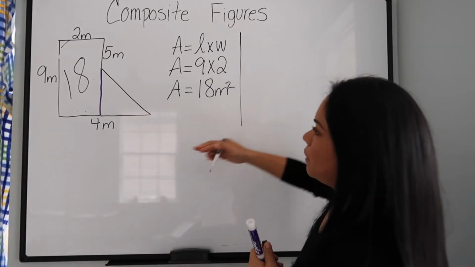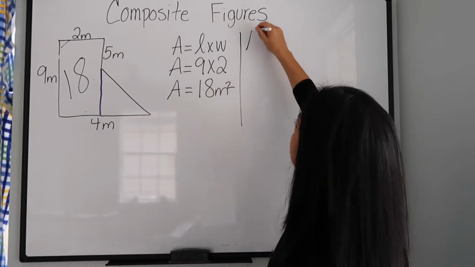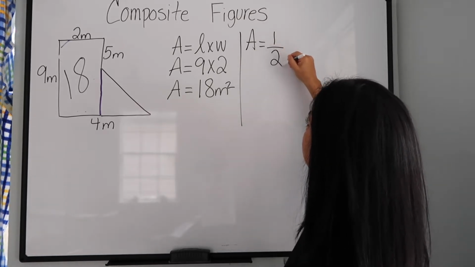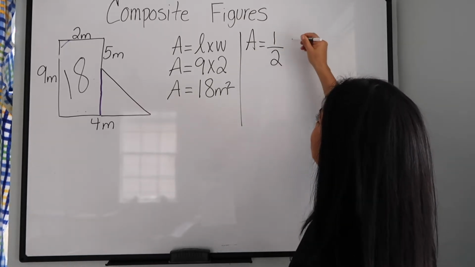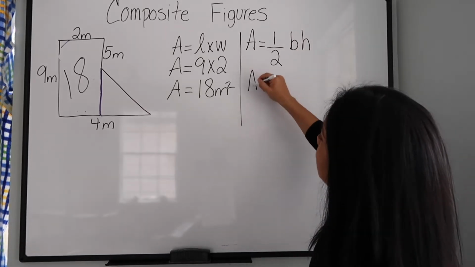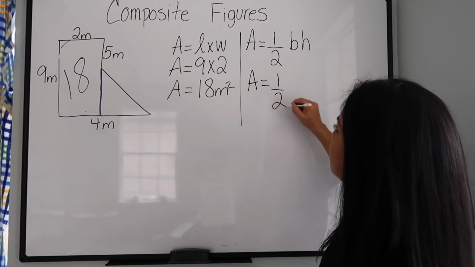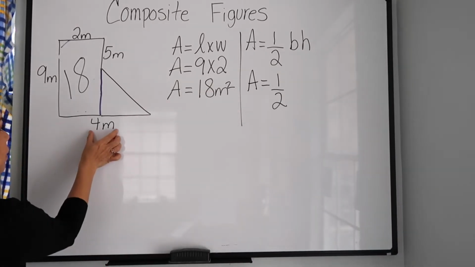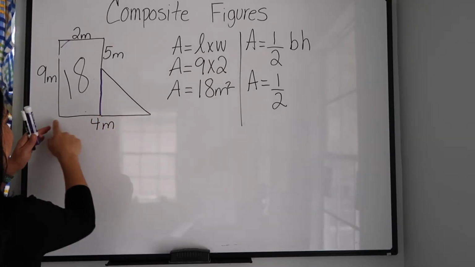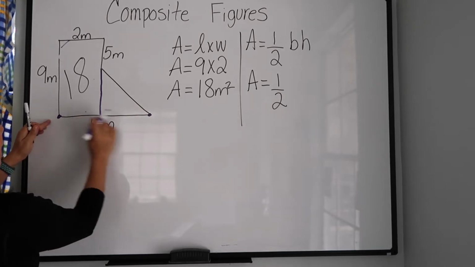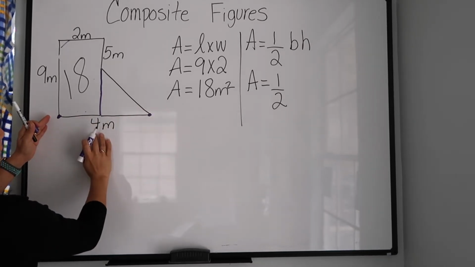Then you're gonna calculate the area of your triangle. So area of the triangle is 1/2 times the base times the height. Area equals 1/2 times the base. Here we have the base from this point to this point, the entire base, which is 4 meters.